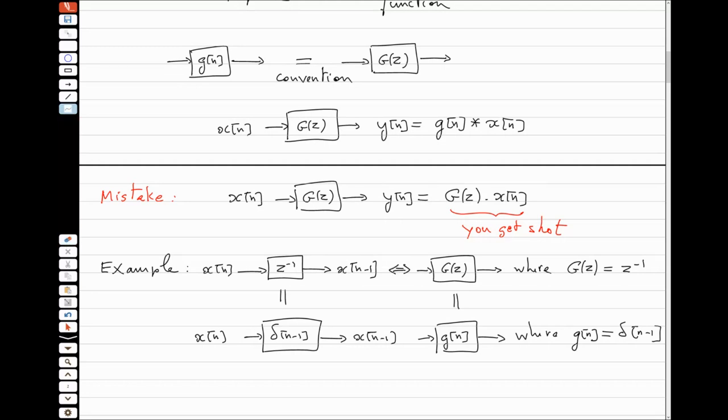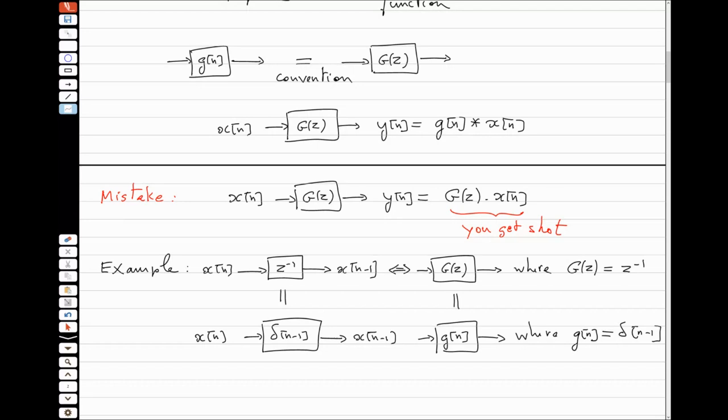Did you understand the reasoning? This system is the same thing as this system, but we express here the impulse response, while here we express the transfer function. And then you know that here you get x of n minus 1 because of this.